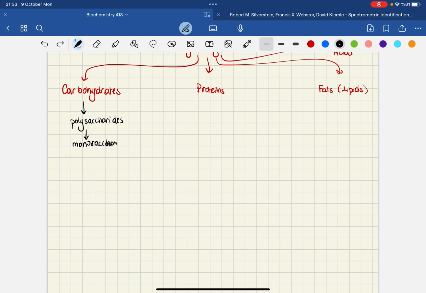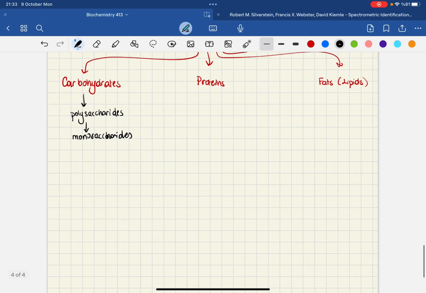I will show you the structure of these in a minute, but let me say that these two are the polymers, and polymers are composed of monomer structures, which can be glucose, or fructose, or galactose. And these are the monomers.